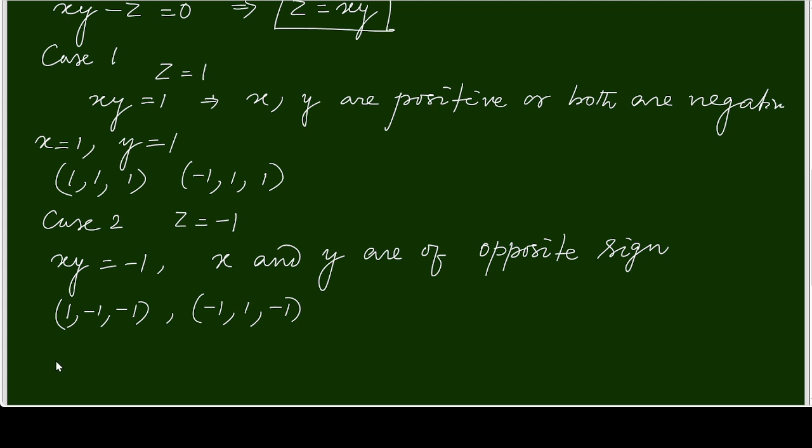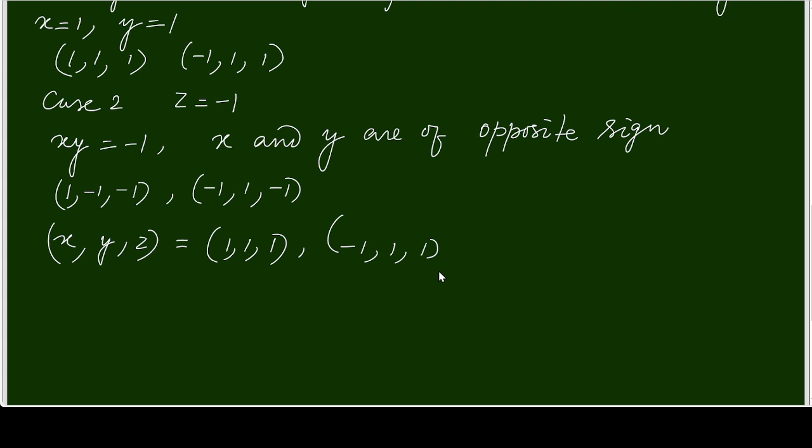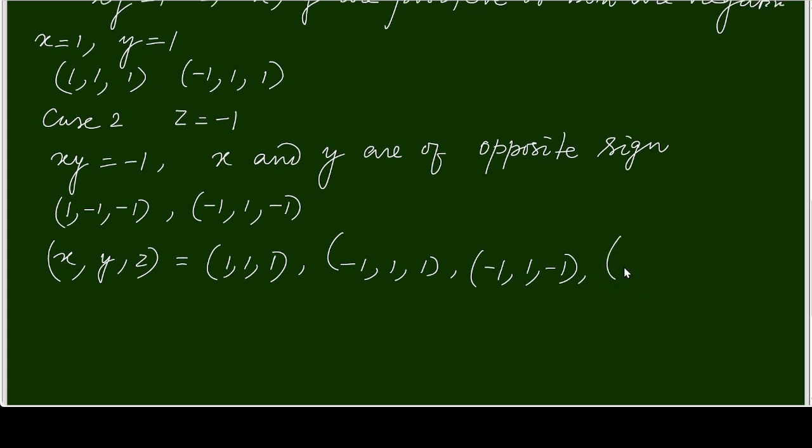So there are four solutions: 1, 1, 1; -1, -1, 1; -1, 1, -1; and 1, -1, -1. So these are the solutions.